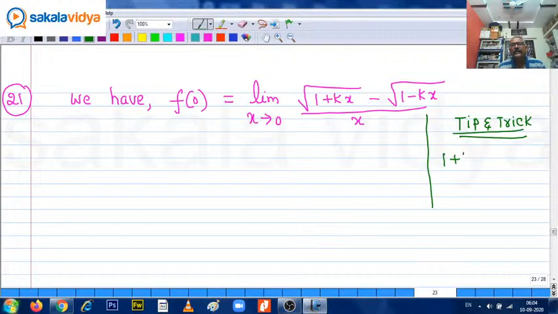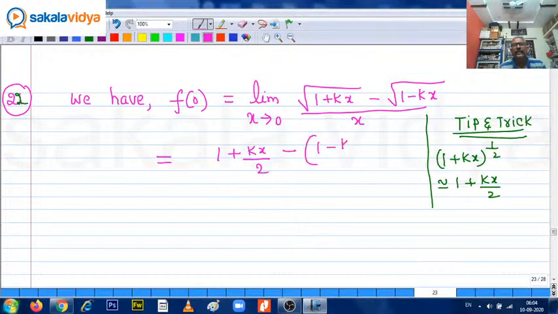See, 1 plus kx under the root means power 1 by 2, which is approximately equal to 1 plus kx by 2 using binomial approximation. So this can be written as 1 plus kx upon 2 minus 1 minus kx upon 2, all upon x.